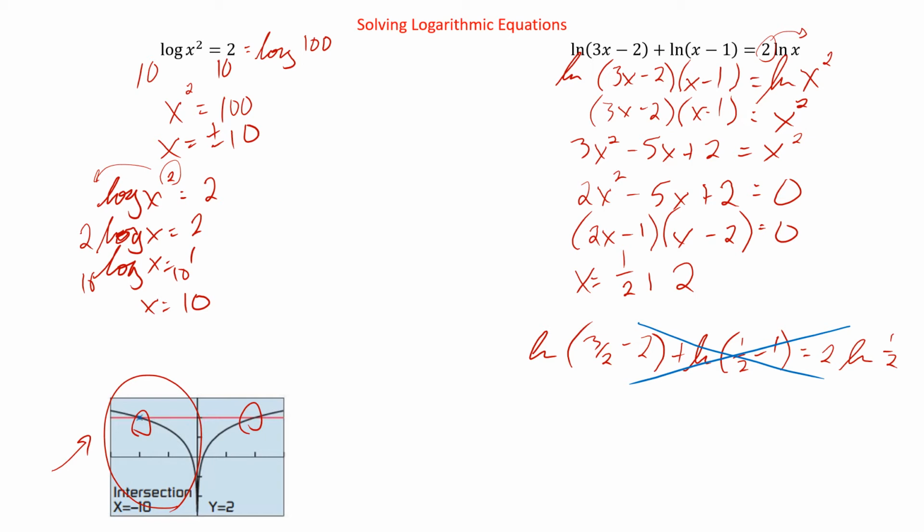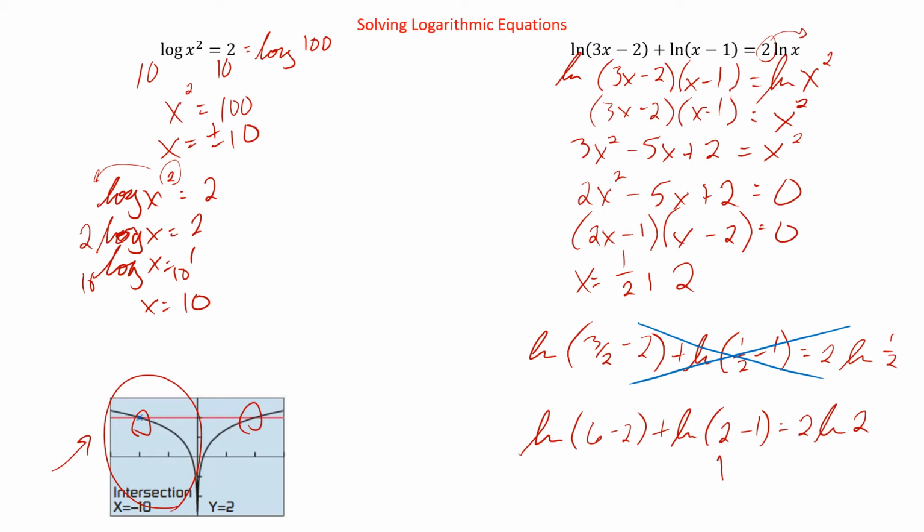We could plug in 2. Natural log of 3 times 2 is 6 minus 2 plus natural log of 2 minus 1 equals 2 times natural log of 2. So natural log of 6 minus 2, that's natural log 4 plus natural log 1 equals 2 times natural log of 2, which we could bring that up to get natural log of 4.